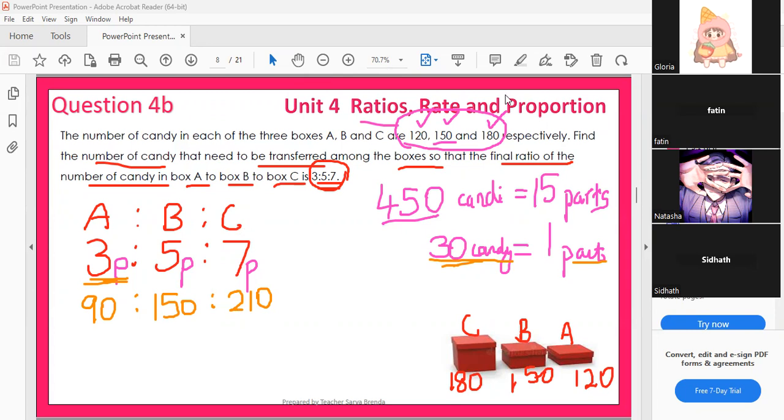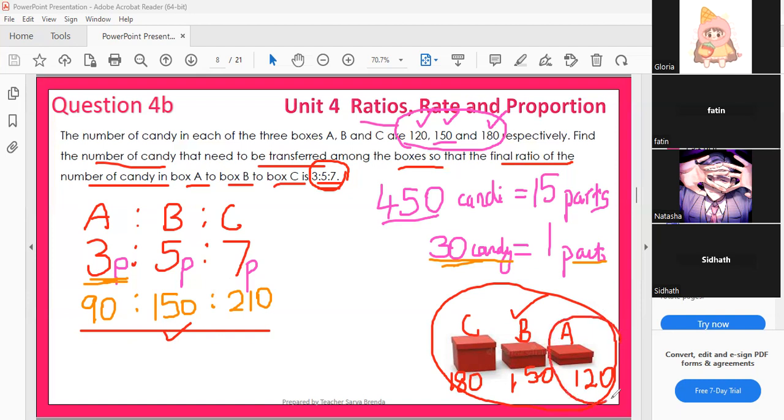So now, look at the original ratio, the original number of candies, and your new answer. What has to be transferred? Looks like B remains the same. Nothing to do with B. But what do you have to do with A?